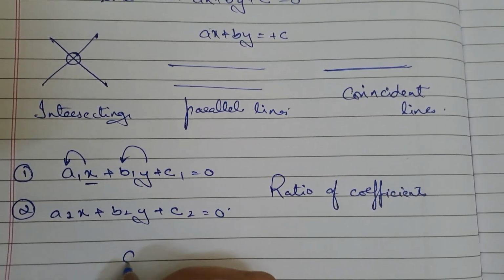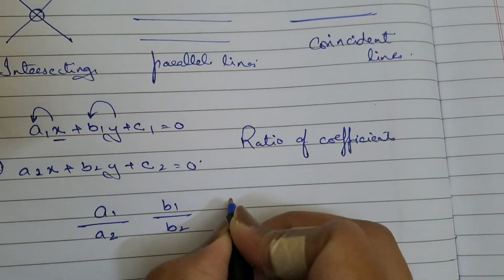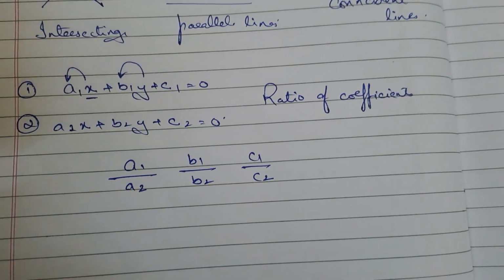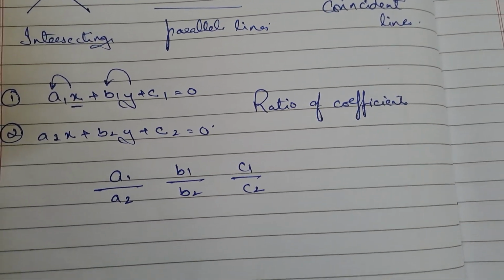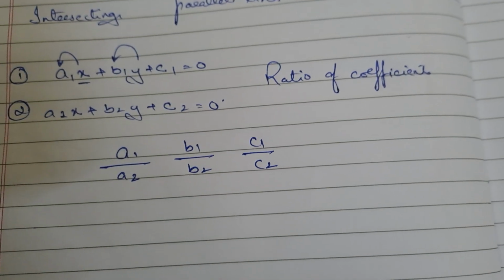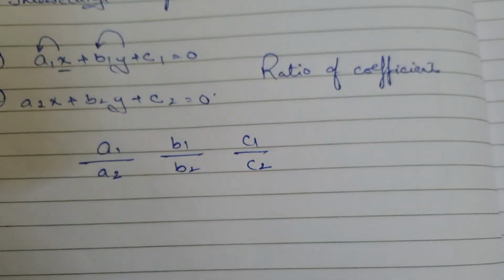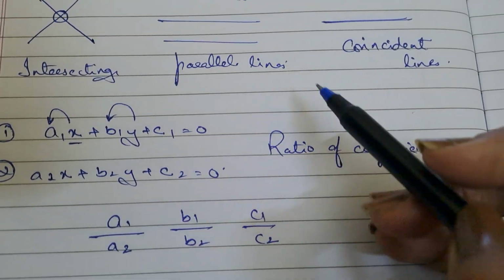So the ratios are taken as a1 upon a2, b1 upon b2, and c1 upon c2. And then we have the following conditions to check what category these lines fall into: are they going to be parallel lines, intersecting lines, or coincident lines, as we have seen?